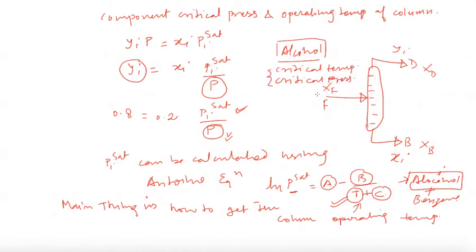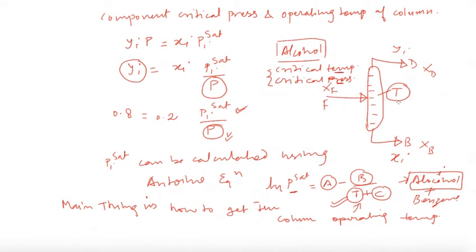Because to get the proper separation and the applicability of Raoult's law for separation, the critical temperature and the temperature of this column matter. See this, the temperature of this column is T.